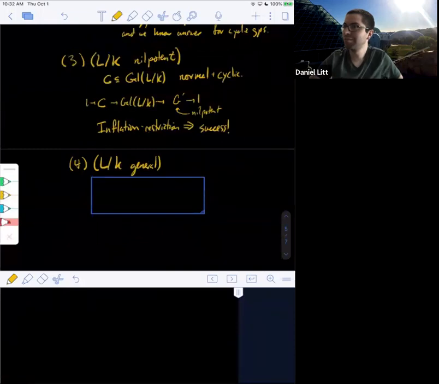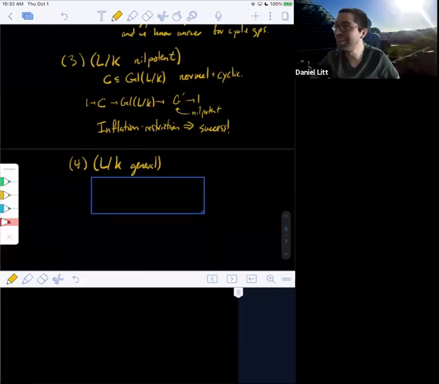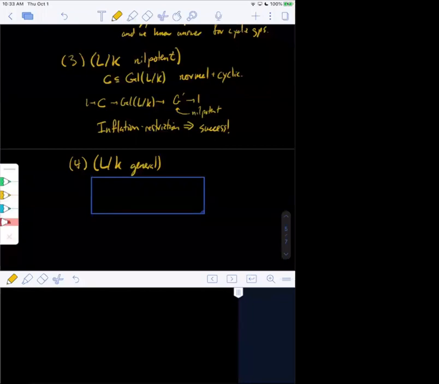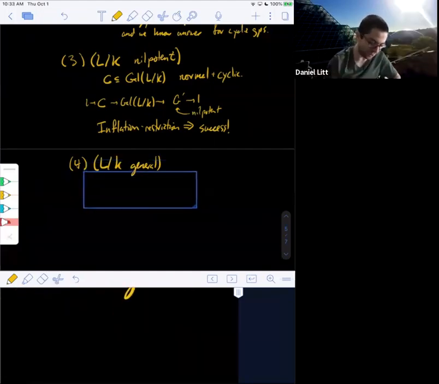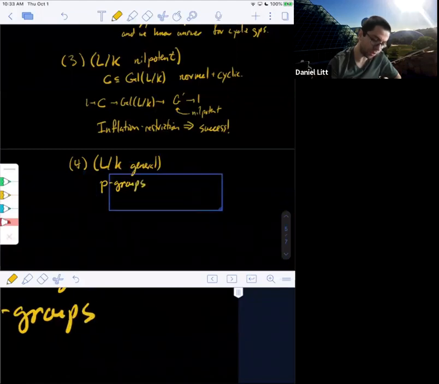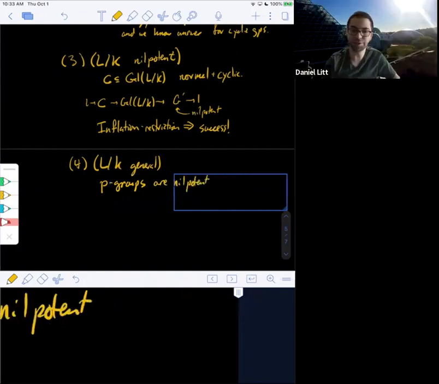Z2? Z2 is a good example. So Z2 is an example of a 2-group, right? So you can just slap together copies of it, get all sorts of nilpotent groups. That's true, yeah. So what's true in general is that p-groups are nilpotent. Does anyone know why that's true?